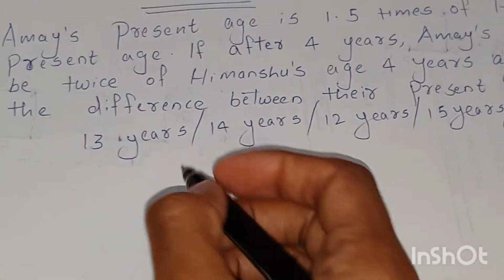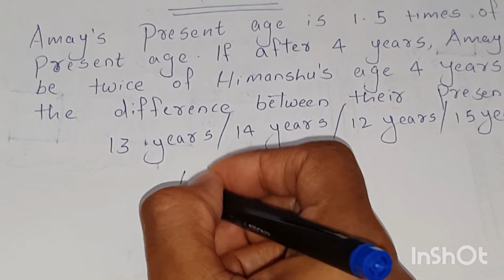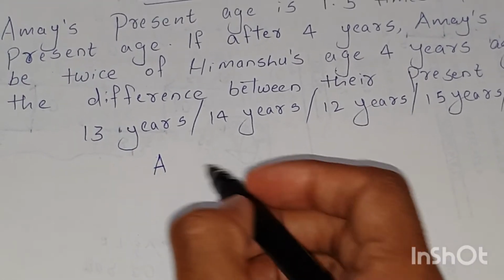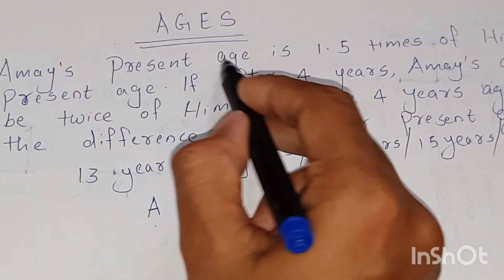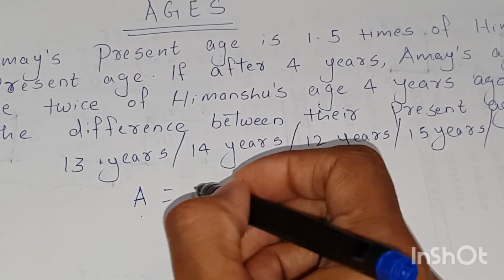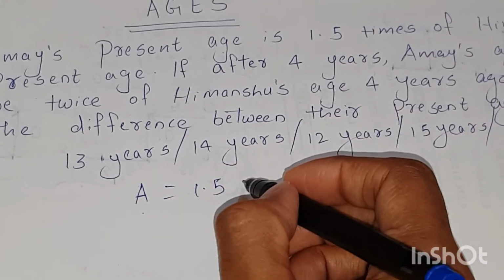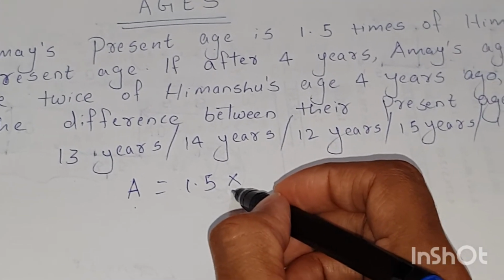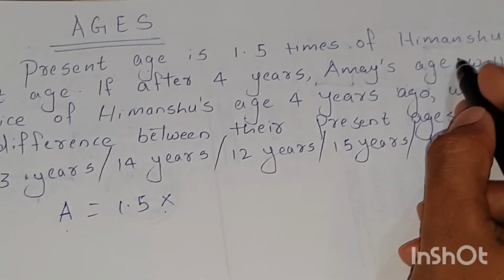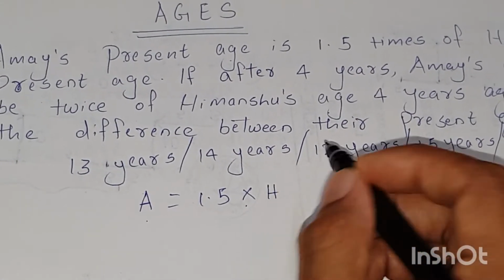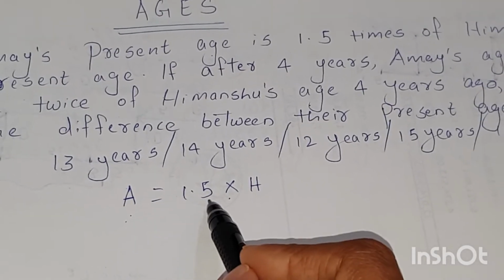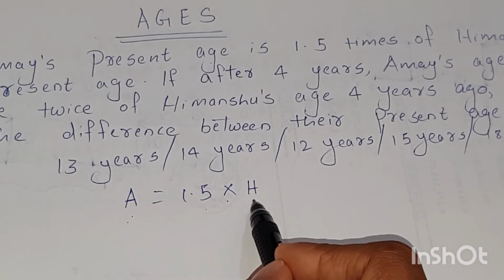So let Amay's present age be A. Amay's present age is 1.5 times Himanshu's present age. Times means we have to multiply. Let Himanshu's present age be H. So A is 1.5 times H.